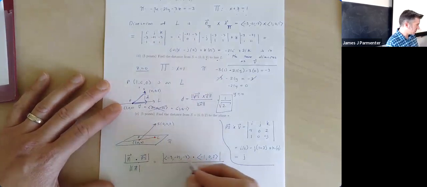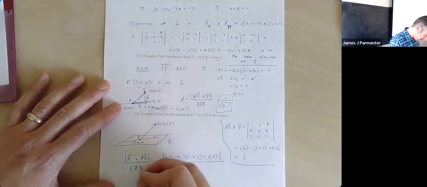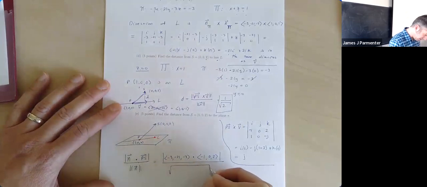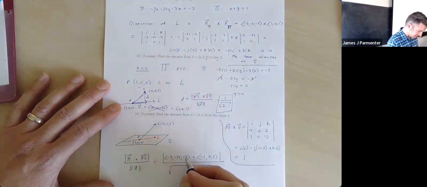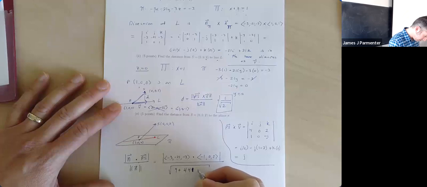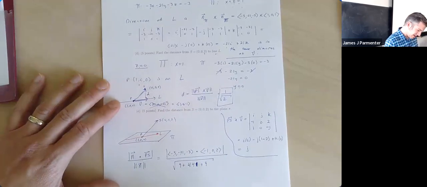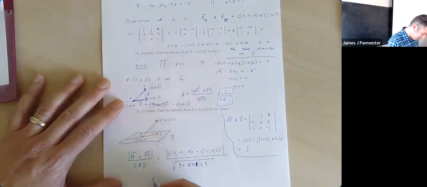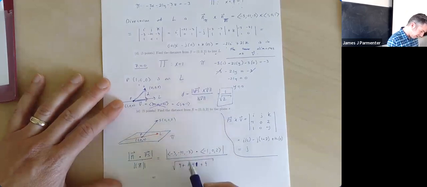I suppose I could have reduced this down as well, but I didn't, so it's too late. This will be the square root of -3 squared plus -21 squared plus -3 squared, which is 9, plus 21 squared, which is 441. I'm not confident, but we'll see what happens here. So if we dot out this top part, we get -3 times -1, which is 3.